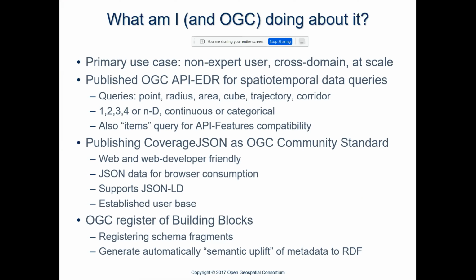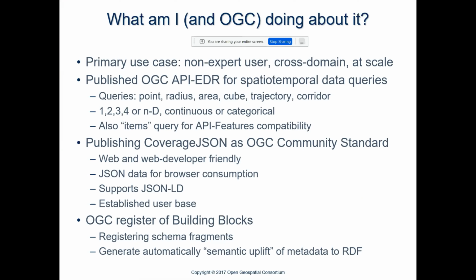They don't do it. So OGC has started this register of building blocks. The building block maybe this is a bounding box in 1, 2, 3, or 4 dimensions. Here's the JSON schema that described it. Well, actually, you can then harvest that and produce some semantic description of it, an abstract model. And you can do that automatically. And that's the work in progress we're doing now.